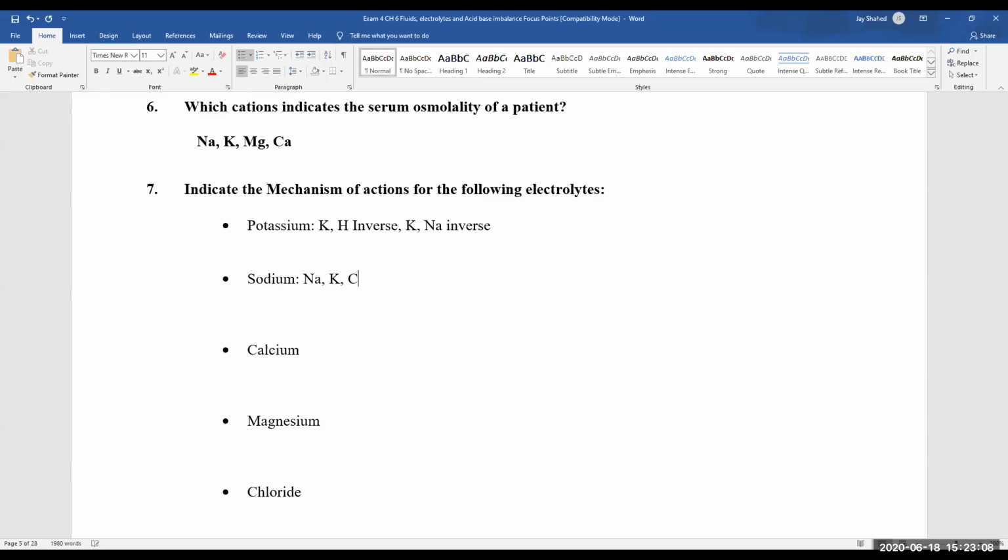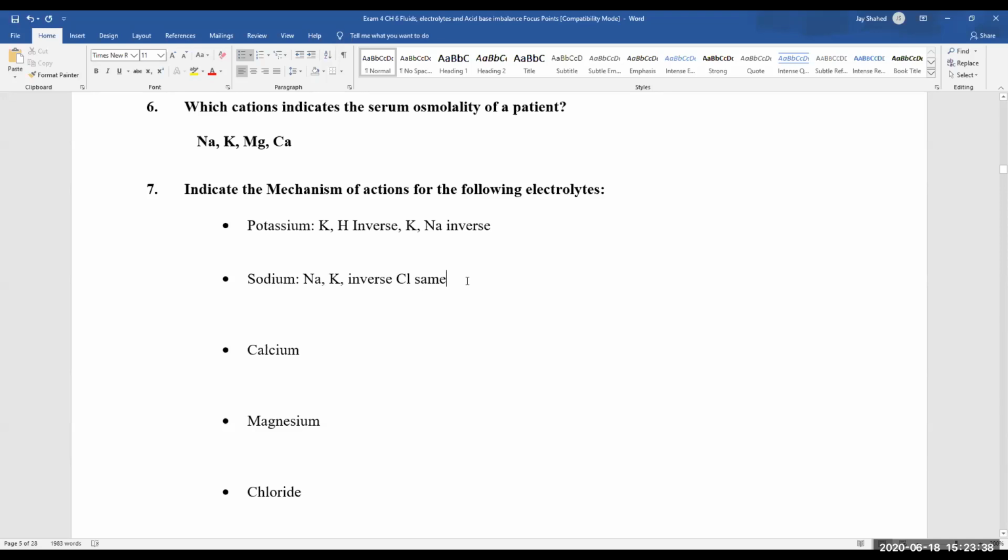How about chloride? It goes along with chloride. How about chloride? Is it inverse or is it same? Usually it's same. They go together. Sodium and chloride, they go together.